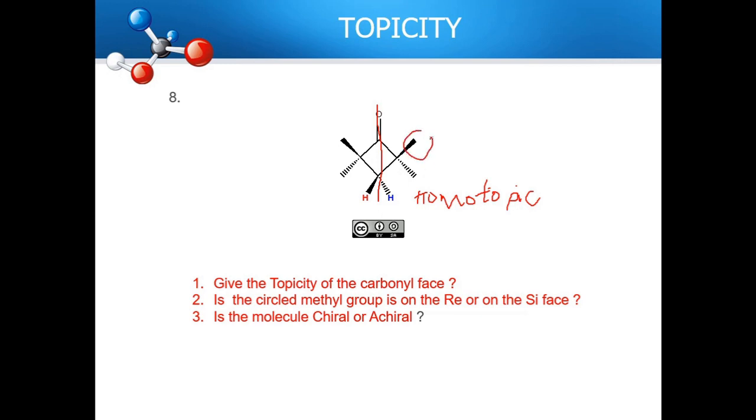Say for example, if this is the circled methyl group, they are asking whether the methyl group is on the re or on the si face. Since the groups are homotopic in nature, the question of re or si does not arise here. Therefore it cannot be answered. And the molecule is achiral.